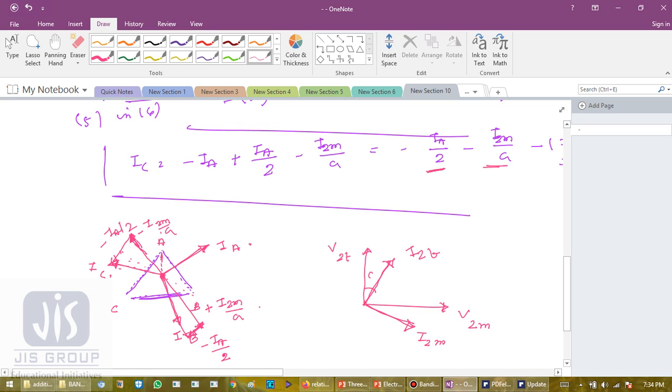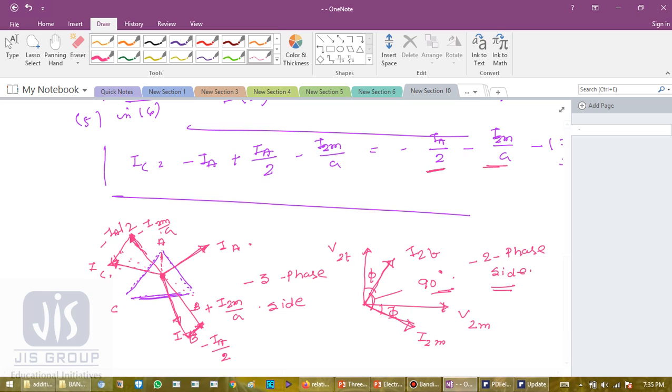So these are the power factor angle phi, and this is 90 degree. So this is for three-phase side, and this is for 2-phase side. Okay, so this is the phasor diagram for balanced load.